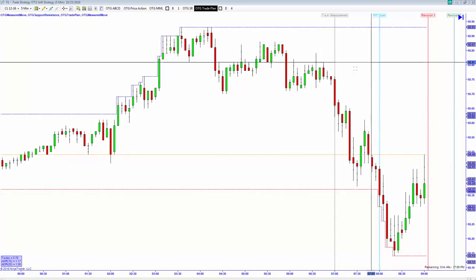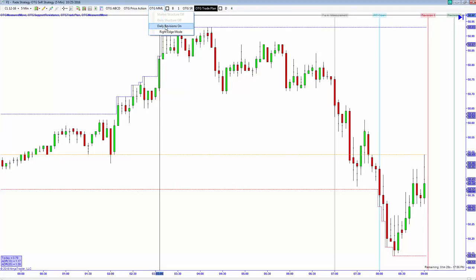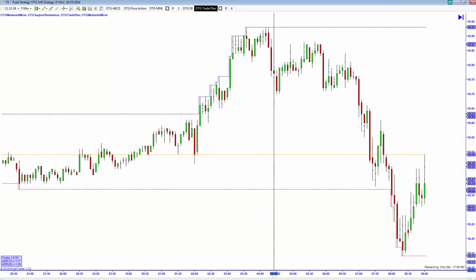So as you look here, probably what you should talk about first is the market maker levels. The market maker levels are a series of dynamic support and resistance levels that form at various time intervals throughout the day. So for example, previous day's price action provides levels for the overnight session.